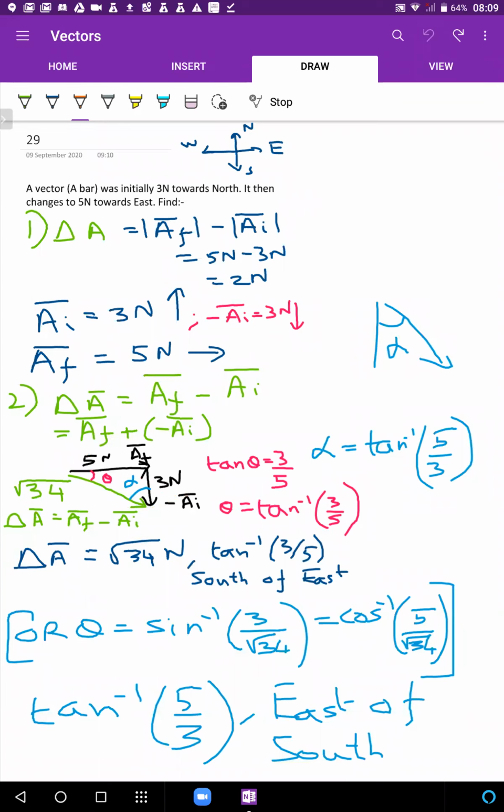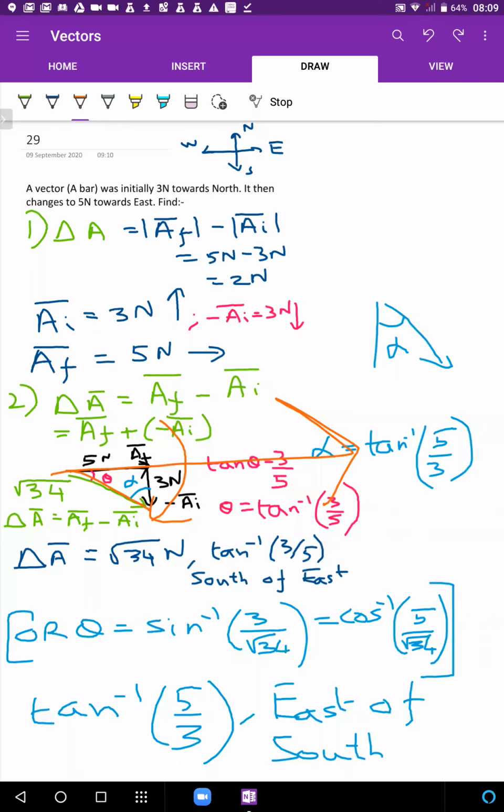Okay. So how do we finally describe our direction? If you want to describe your direction in terms of theta, you can see that this is east, and this direction is south of east. From east, you're turning towards the south through an angle theta, through an angle tan inverse 3 by 5.